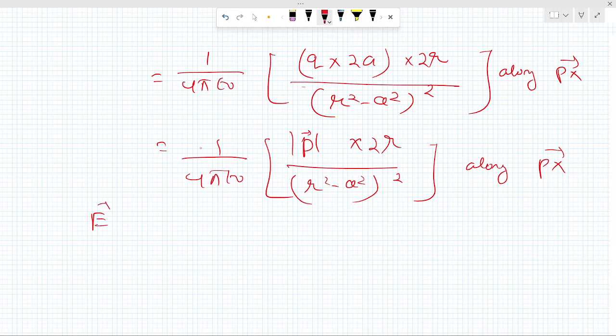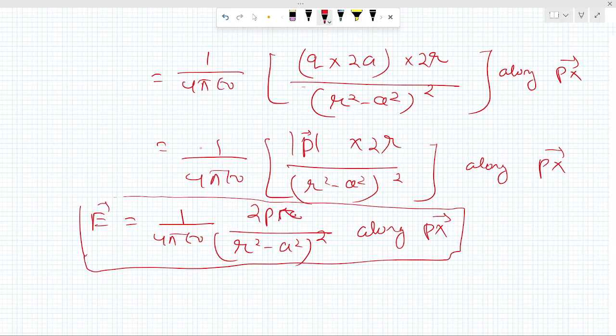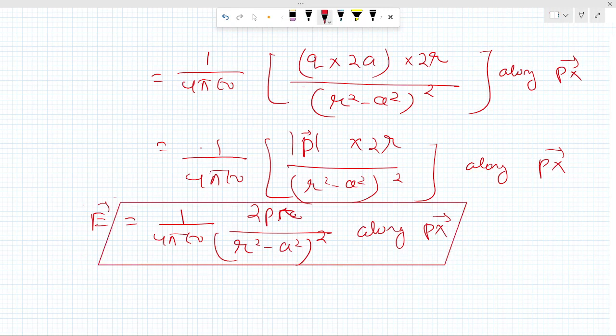So finally what we get is 1 by 4 pi epsilon naught 2pr divided by r square minus a square whole square along PX. This is our final expression for electric field intensity due to an electric dipole at axial line.